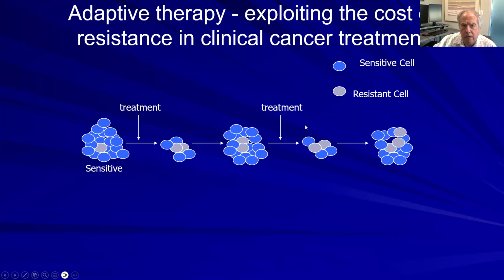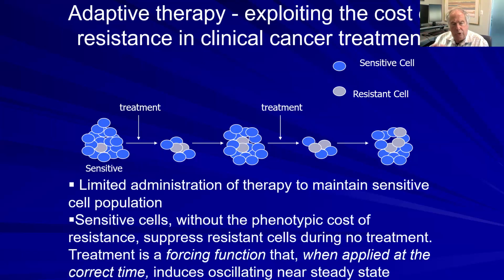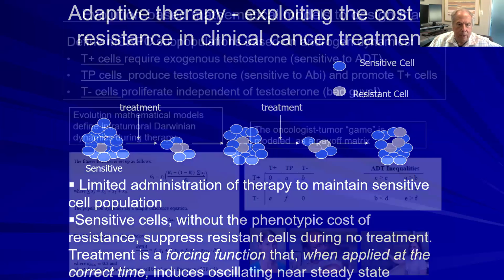And so you simply just do this over and over again. The idea is that you're in this case using the treatment as a sort of forcing function, and you're controlling the evolutionary dynamics of the tumor over time, rather than just explicitly trying to kill as many cancer cells as possible.